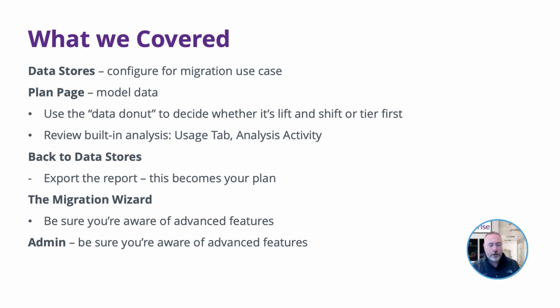Am I doing a smart migration? Either way, I get to see my capacities. I get to see my file counts. I'm modeling that assessment to help me understand what my migration is going to look like. And then back to the data stores, export that page, add 2 columns to that CSV that's already pre-built for you: destination share and when my cutover event is going to occur. That's your full assessment of what your migration is going to look like. And then you jump into the migrations themselves.